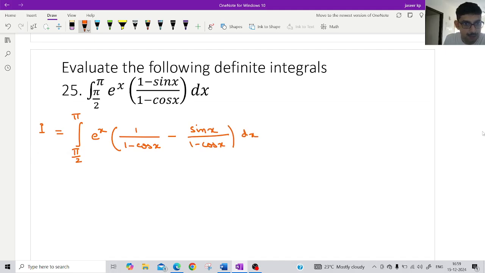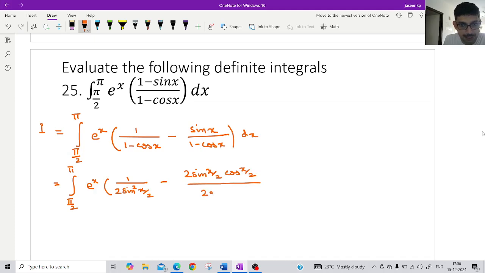dx. So that is pi by 2 to pi e power x, 1 by 1 minus cos x is 2 sin square x by 2, minus 2 sin x by 2 cos x by 2 divided by 2 sin square x by 2 dx.